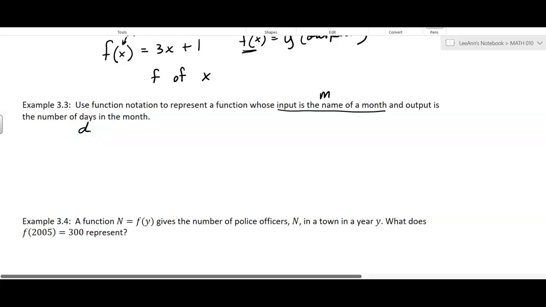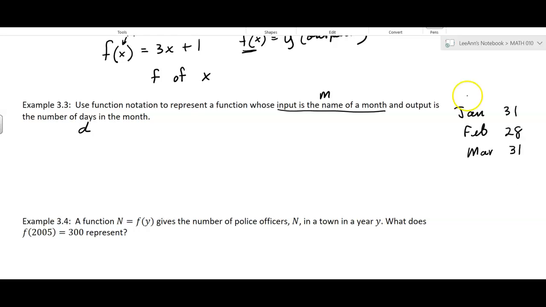So what they're talking about here is, let's say you know January has 31 days, and February, if it's not a leap year, has 28 days, and March has 31 days. And you could keep going through that, so you had all 12 of them. But now we're going to write it as a function. So the month, that's going to be the input, and the days, that's going to be the output.